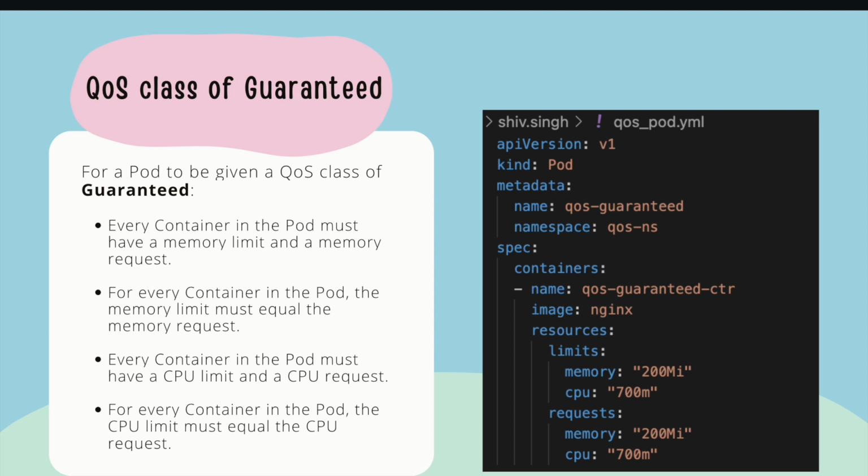Here, if you see, we have defined limits as 200 megabytes and the request is defined as the same number, 200 megabytes. Similarly, we have defined the CPU for this particular container as 700 millicores for limits and 700 millicores for request.